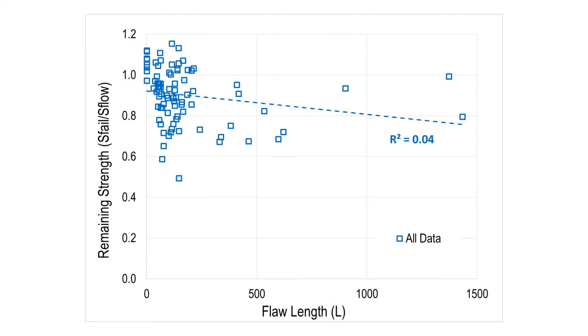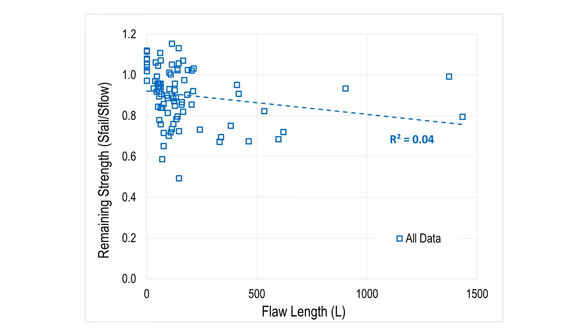I do have a trend line there with the blue dashed line, and you can see that going from a 0 length flaw to a 1 meter flaw, you lose about 10% of your remaining strength. That's really not very much. So that's demonstrating that you really do not have a strong susceptibility to flaw length when it comes to the failure strength calculations.